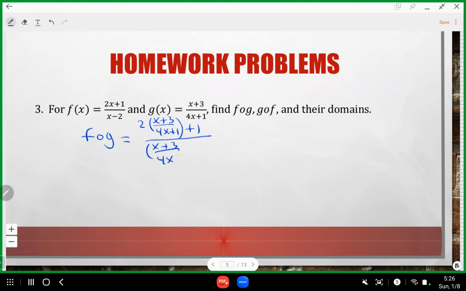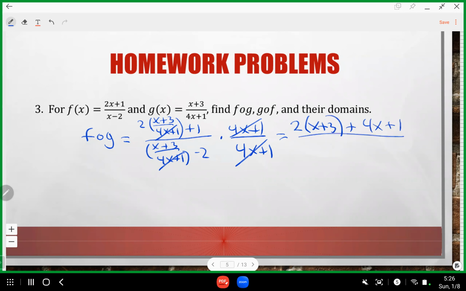Wait, I mean, yeah, 4x plus 1. All right, like so. So now we can eliminate all the 4x plus 1s on the denominators.